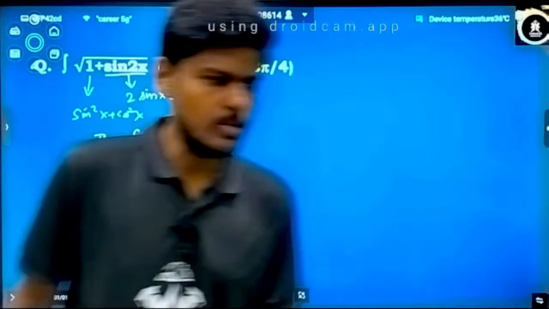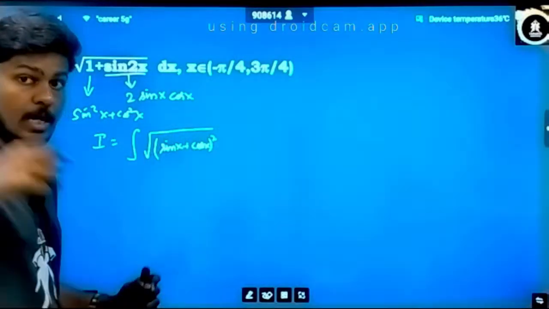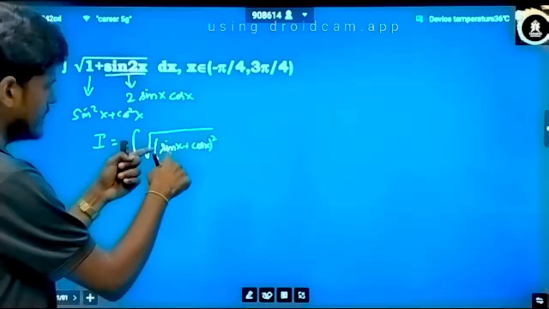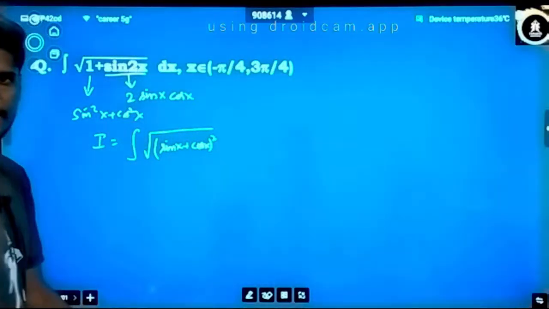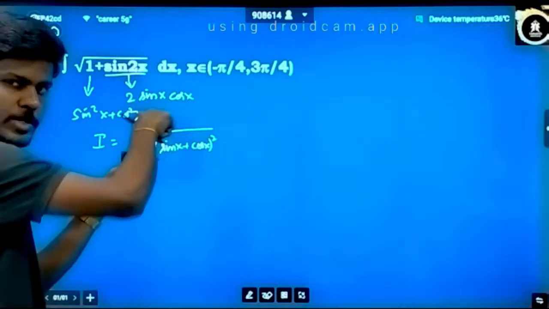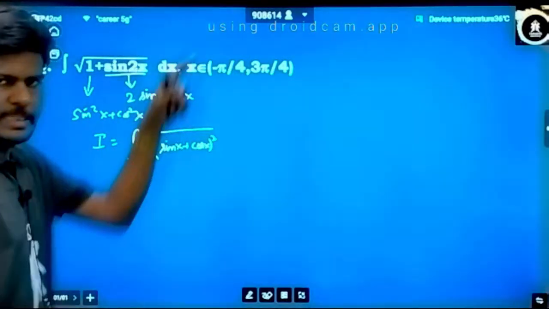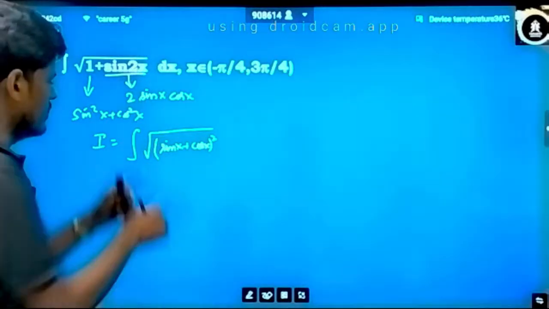Okay, now what is the square root of a square number? Either you can have a positive number or a negative number. Minus sin x minus cos x whole square, square root, is also the same value. That means here we have a positive number x square. Square root of x square will be either x or minus x. That means what we need to do?